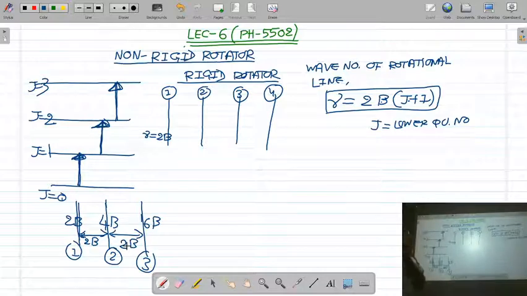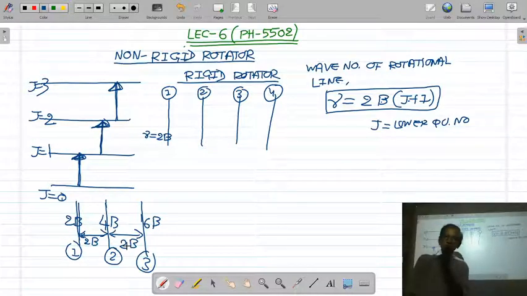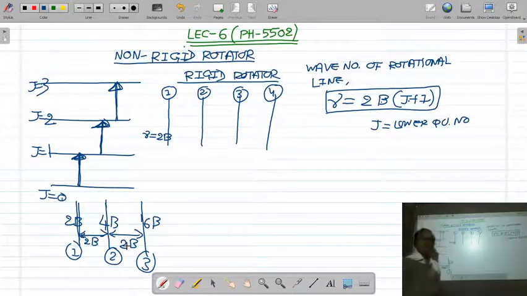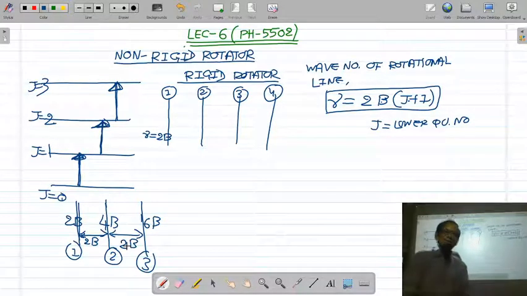But it is experimentally observed, when the rotational spectra is studied, that the rotational lines are not exactly equidistant.